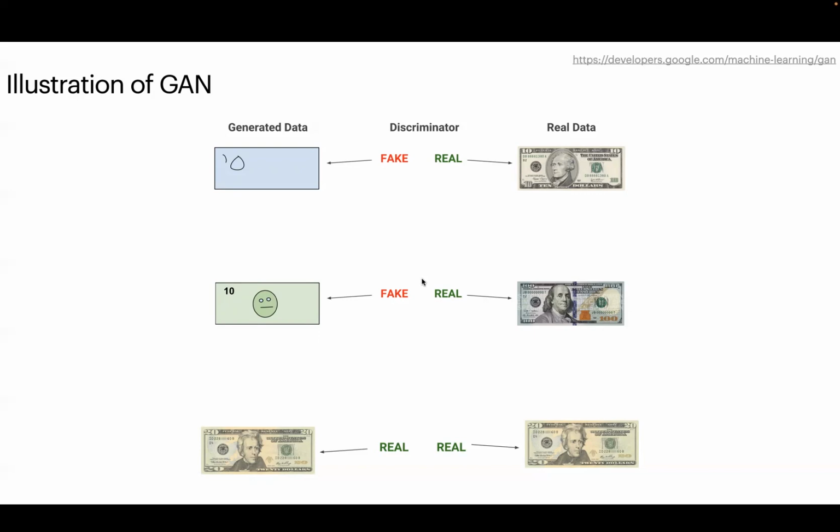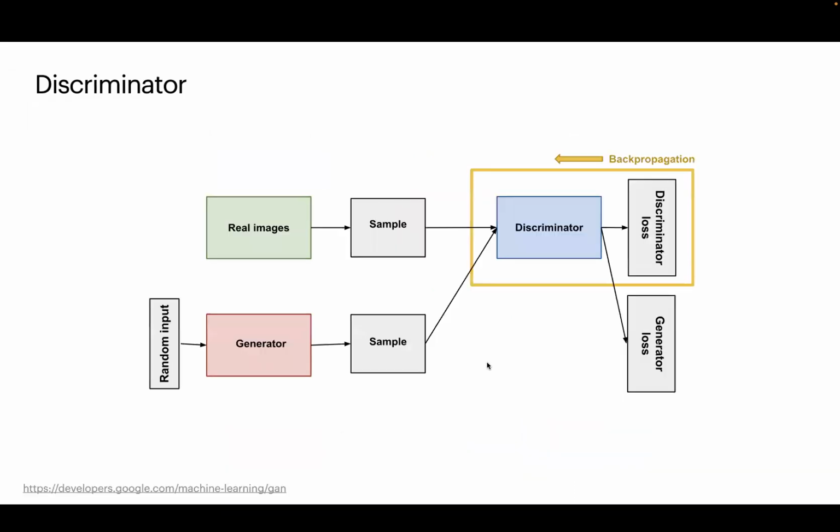The discriminator becomes better at determining fake or real, but the generator also generates more realistic photos to cheat the discriminator. After this process, the generated data finally becomes realistic. Any questions at this stage? Are you familiar with GAN? Otherwise I will go further. Okay, I guess no questions.